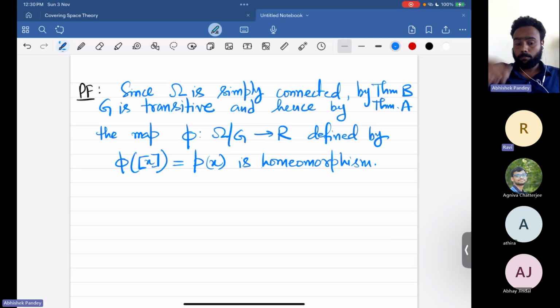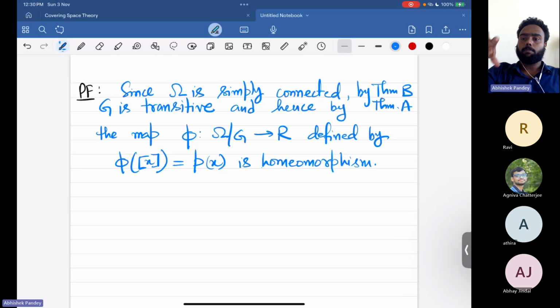Since P is holomorphic, the idea is the same. Basically, it is conformal because the complex structure of R can also be obtained by projection from omega. Is it clear?